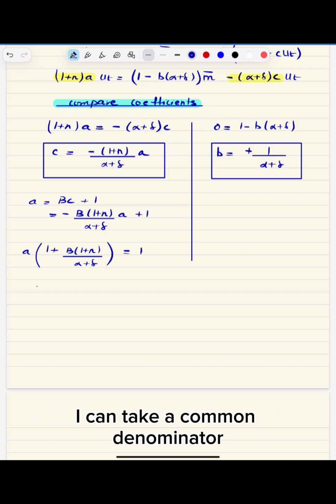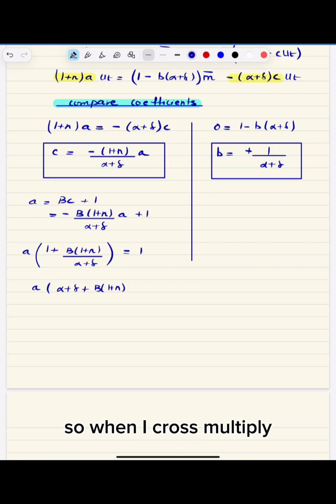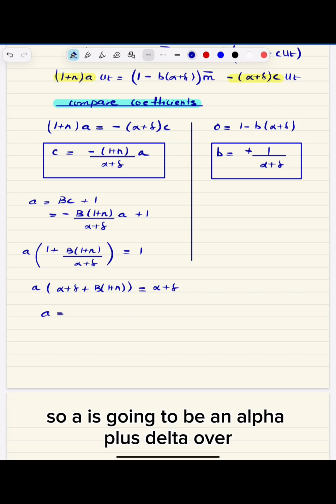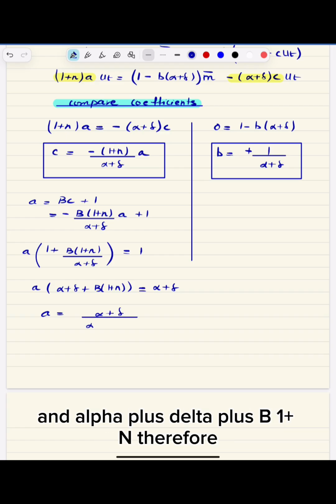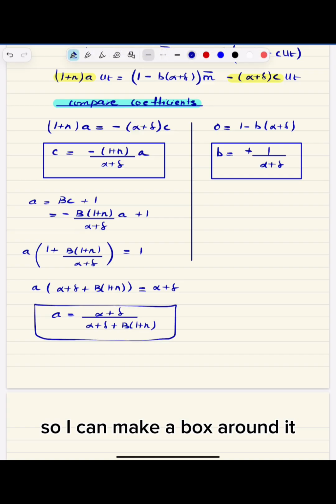Okay, I can take a common denominator and then I can cross multiply. So when I cross multiply, I'll get a1 multiplied by alpha plus delta. Okay, so a is going to be a1 alpha plus delta over alpha plus delta plus b 1 plus n. Therefore, this is the final value of a, so I can make a box around it.